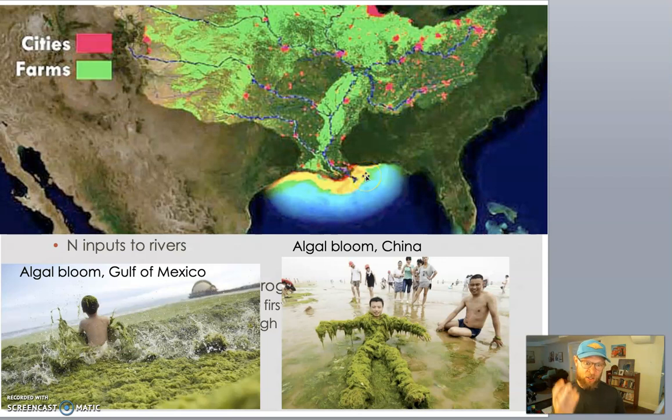And as those oxygen concentrations go down, then the fish tend to die. So it's a really important ecosystem, and the forests in those areas in particular are super important, even though it represents a fairly small percentage of the land area in the eastern US.